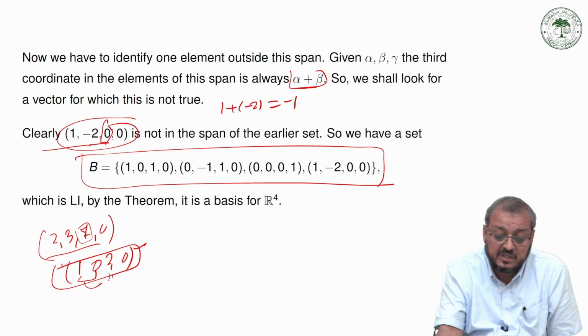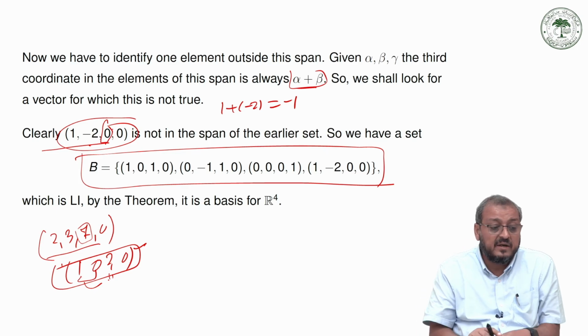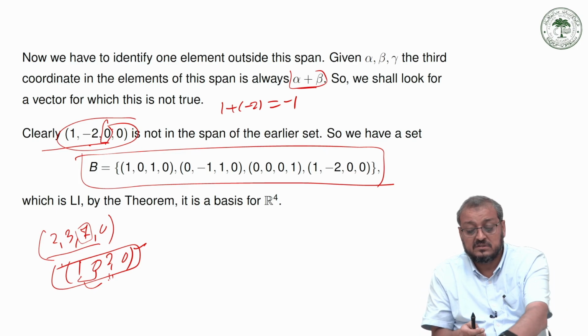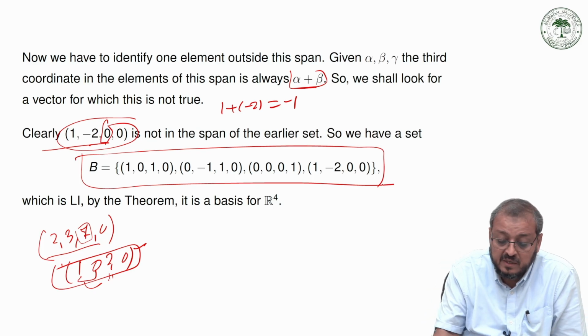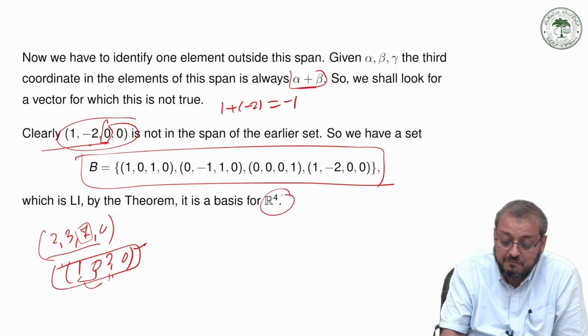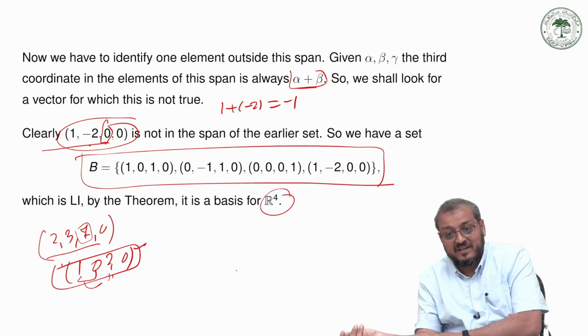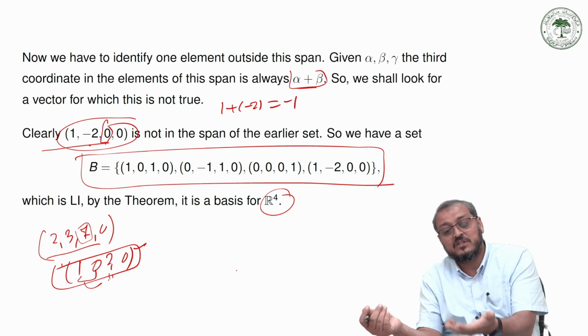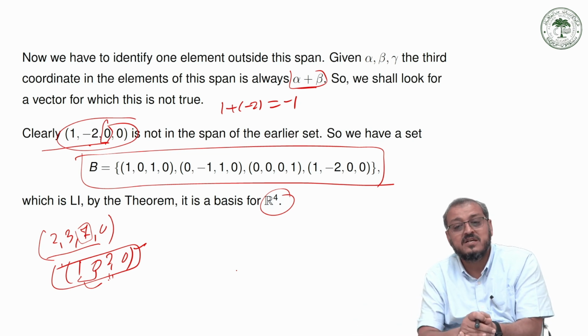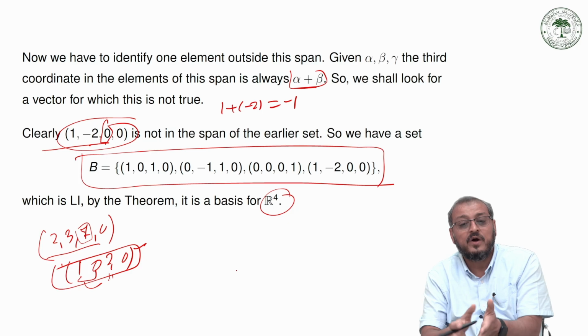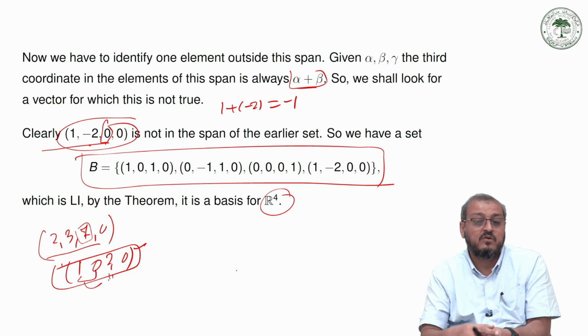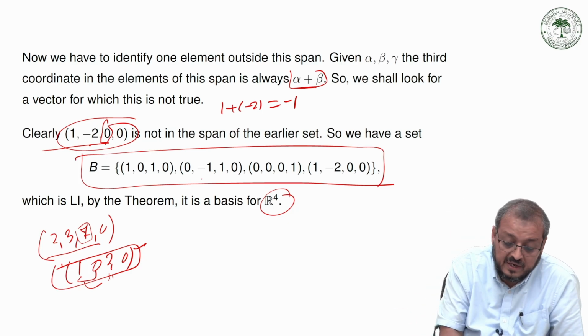So in this way we can say that this set B is linearly independent. Now, because the dimension is 4, we cannot find any other element, because every n plus 1 vectors from this set B are linearly dependent. So we cannot find any other element to extend this basis, and we get 4.